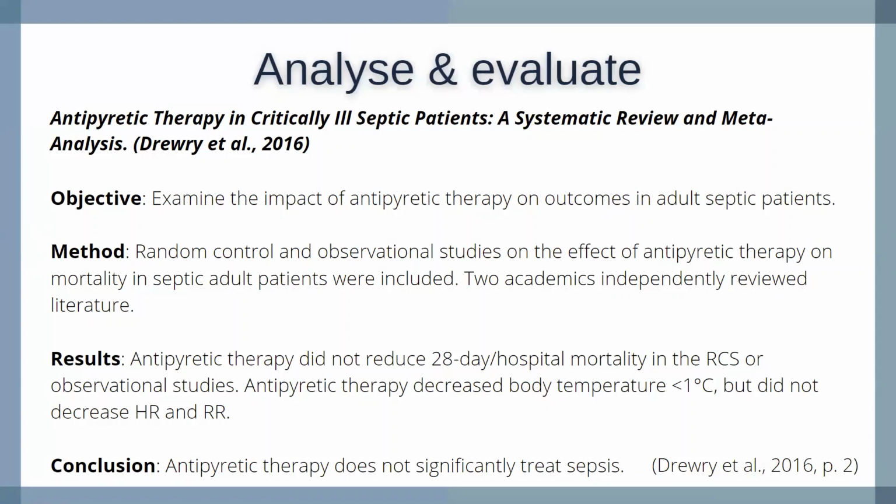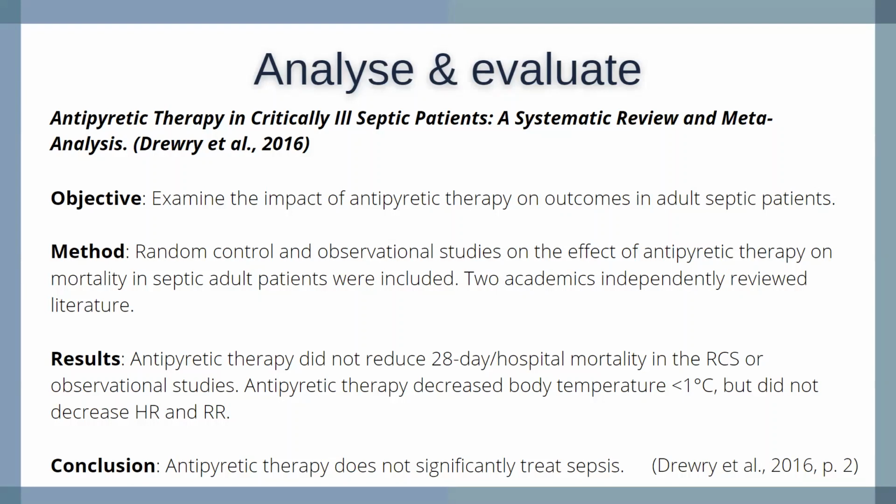So the results they found were that antipyretic therapy did not reduce 28-day or hospital mortality in the randomised control studies or the observational studies. The antipyretic therapy decreased body temperature by less than 1 degree Celsius, but did not decrease the heart rate or respiratory rate.